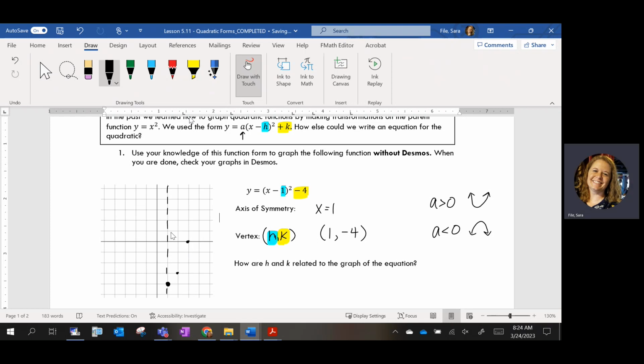We said this is a line of symmetry. Everything we're doing on this right side, couldn't we do on this left side as well? That will help me sketch my parabola. This was vertex form. We could see the vertex.